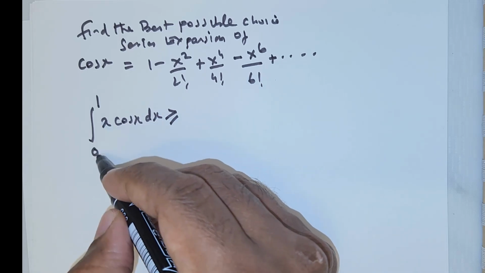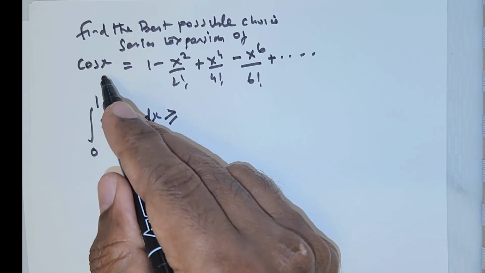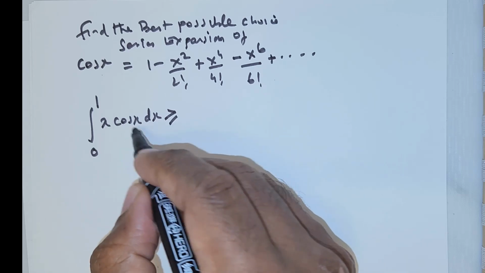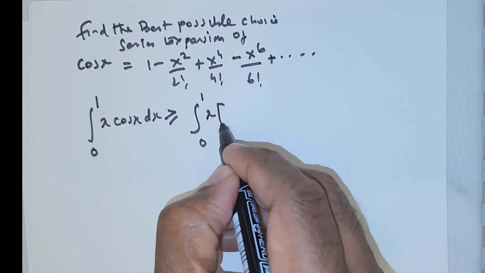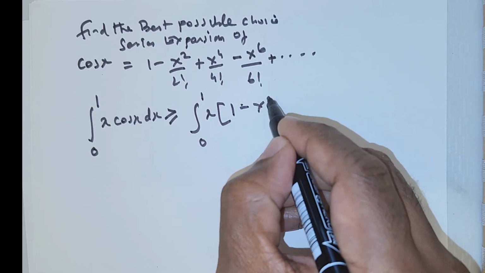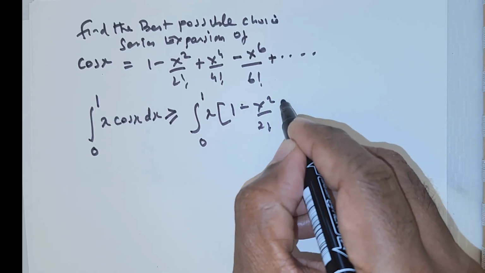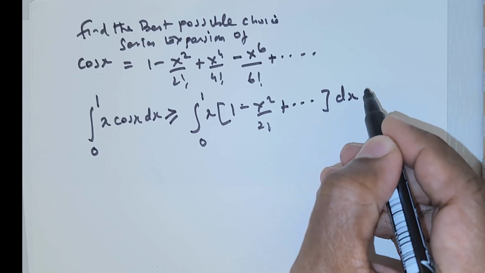So it is easy just to apply this operation. So if I were to apply this operation to the left, I get this, and to the right I would get integral 0 to 1 x times of 1 negative x squared over 2 factorial plus etc times the dx.